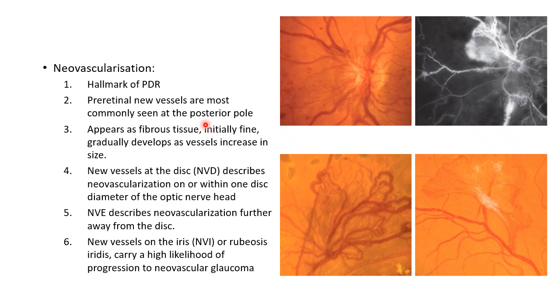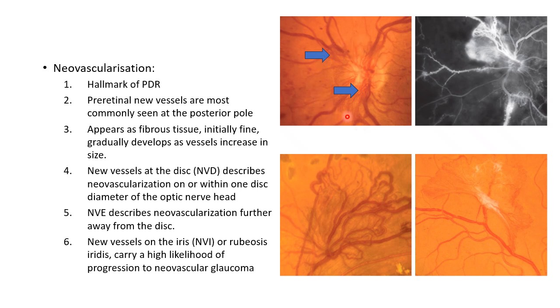Pre-retinal new vessels are most commonly seen at the posterior pole. So you see, this is the NVD, or the neovascularization at the disc, right? You see these fine blood vessels, very fine blood vessels. These are fragile blood vessels, okay? And they are VEGF induced.